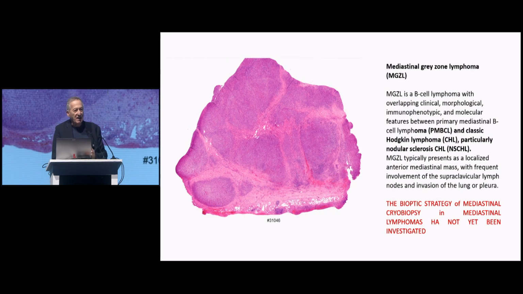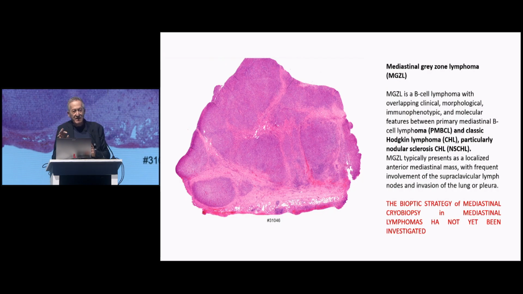Regarding mediastinal gray zone lymphoma, this was a biopsy in this context. This is a new entity, of at least 5-6 years. There is a combination of Hodgkin features, typical nodular sclerosis, and large B-cell lymphoma.